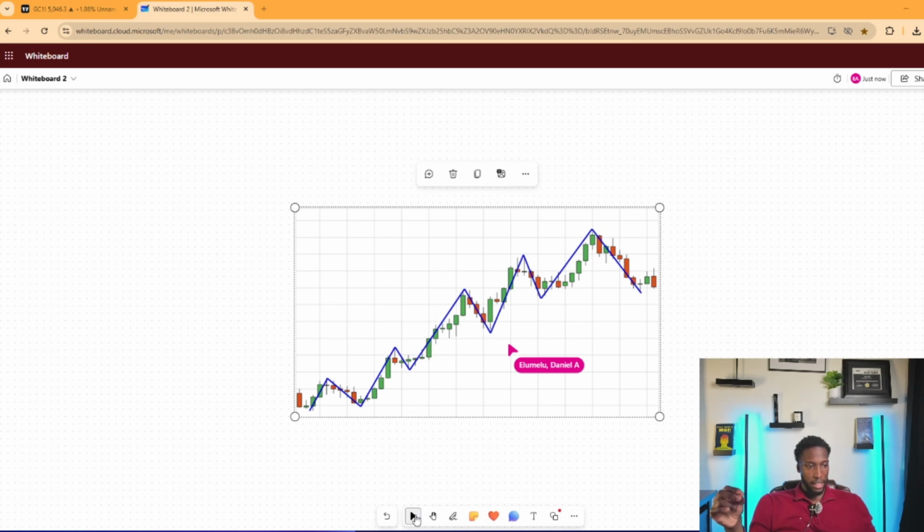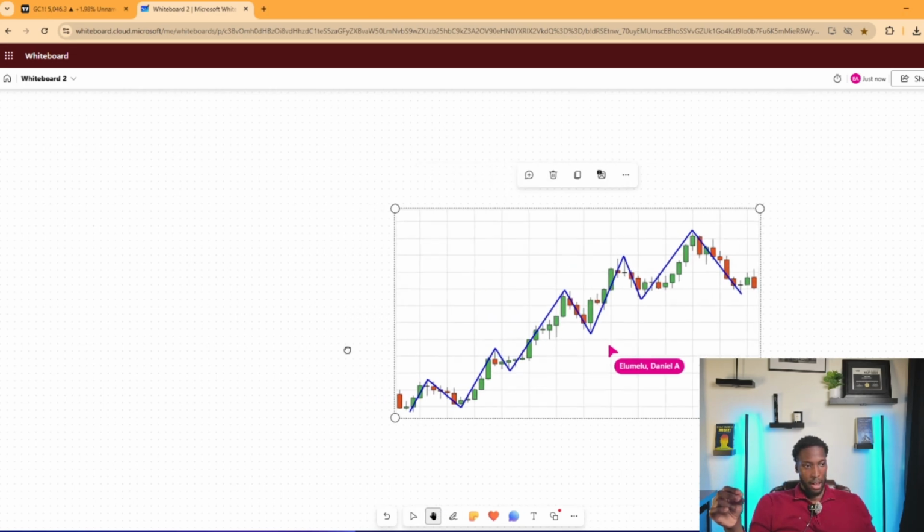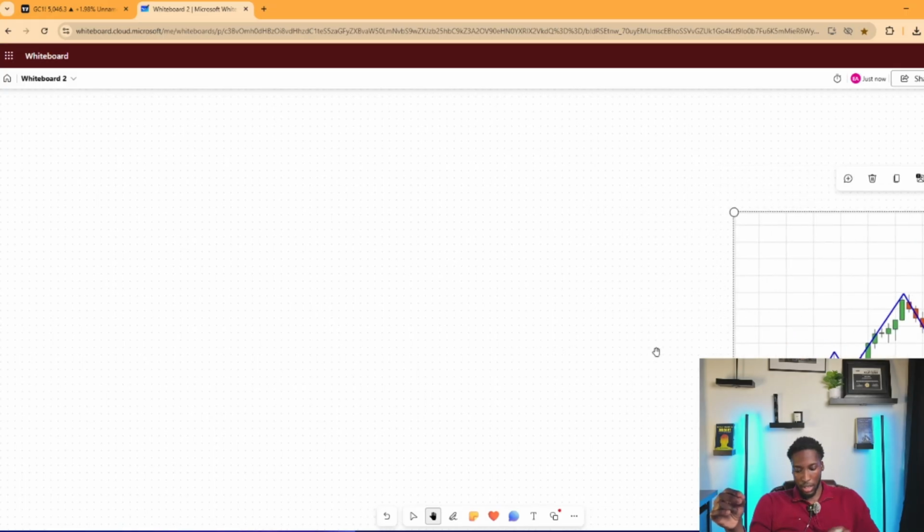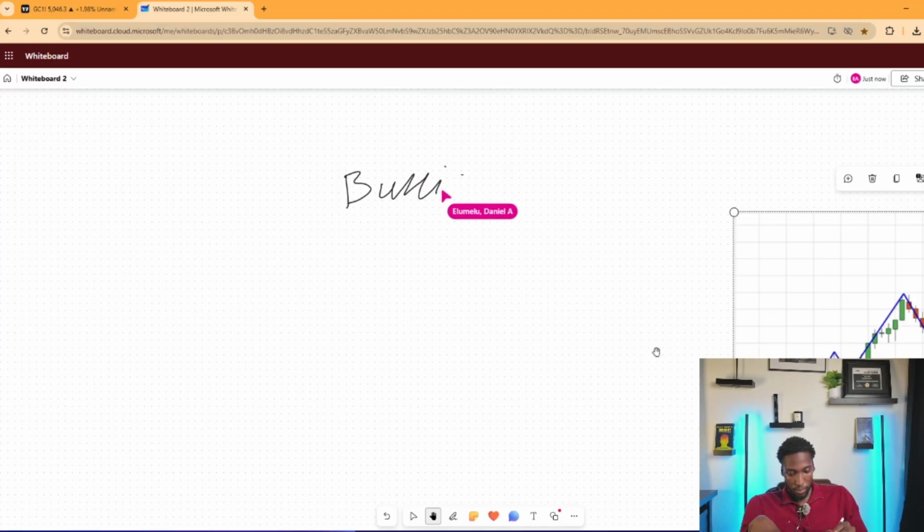Before we come back to this little chart here, I want to show y'all some examples, right? So there are two types of trends. There is a bullish trend and there is a bearish trend, right?